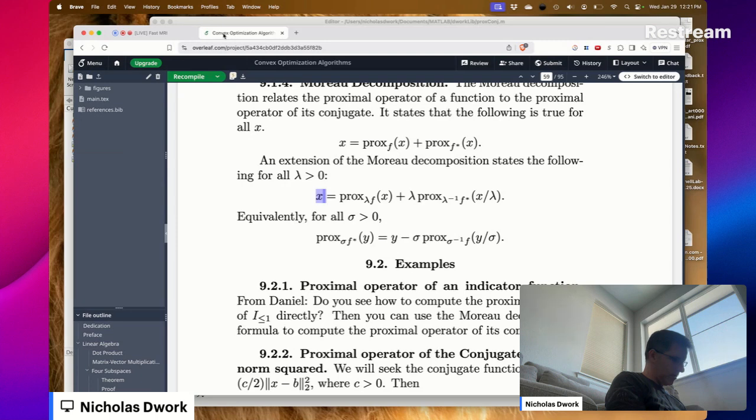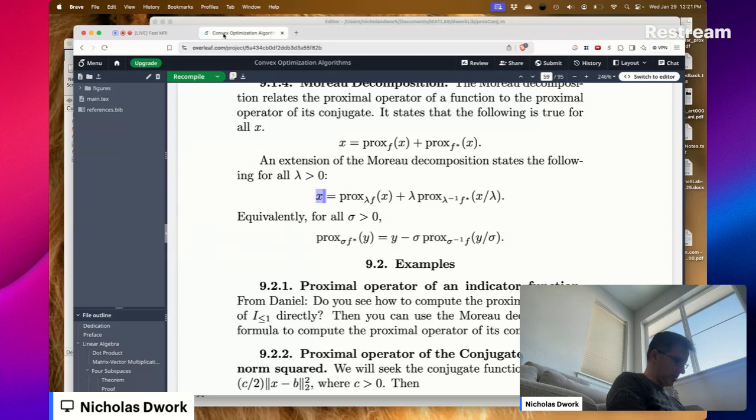Plus 1 over sigma times prox sigma f star of y. Multiply everything by sigma, we get y is equal to sigma prox sigma inverse f of y over sigma plus prox sigma f star of y.